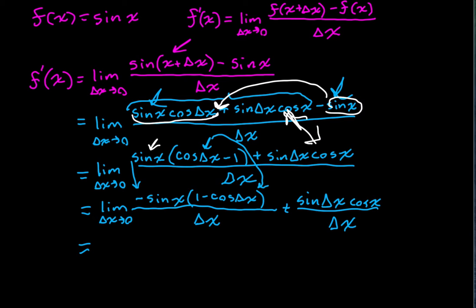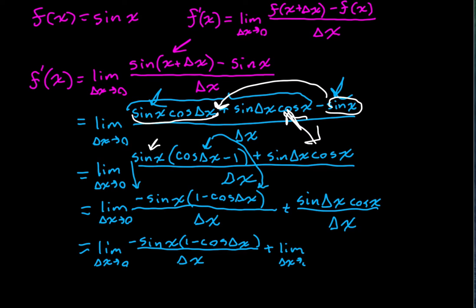This is going to be equivalent to the limit as delta x goes to 0 of sine of x times 1 minus cosine of delta x divided by delta x, plus the limit as delta x goes to 0 of sine of delta x times cosine of x divided by delta x.